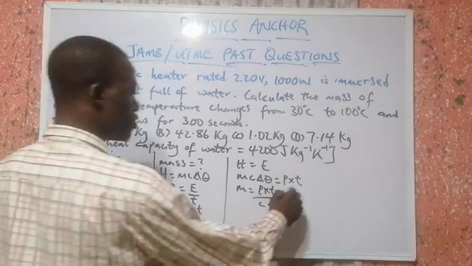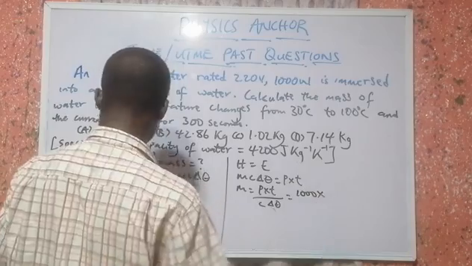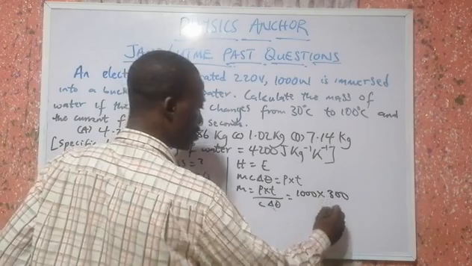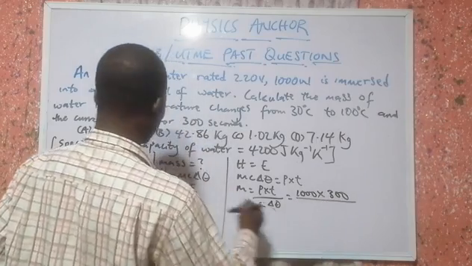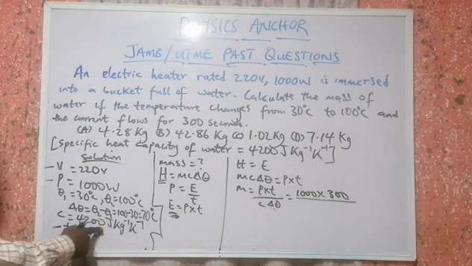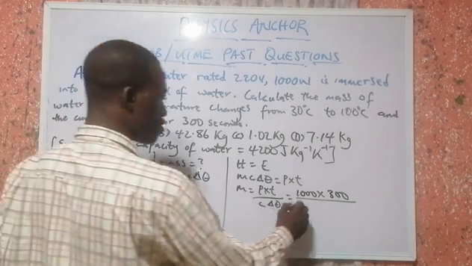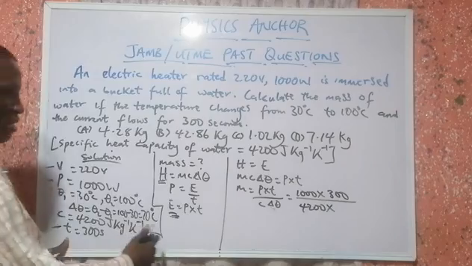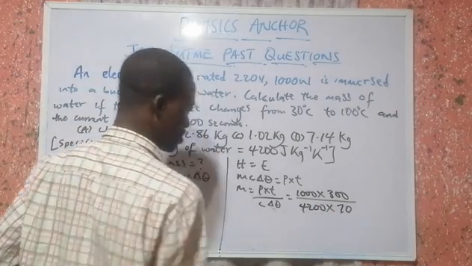So we have 1000 times the time, which is 300, all over the specific heat capacity of water that we are being given, that's 4200, and the temperature change actually gave us 70. So that is 70.